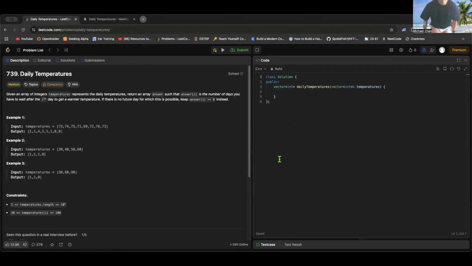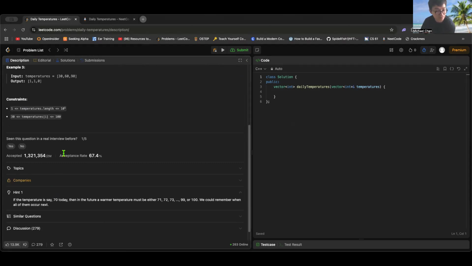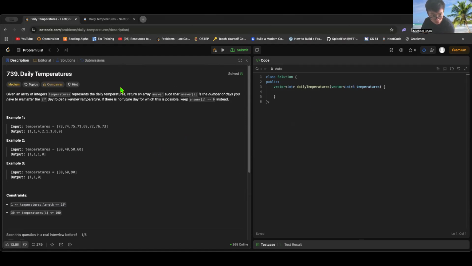Wow. Still like a very bad leetcode, to be honest. Damn, it's crazy. We remember when all of them occur next.